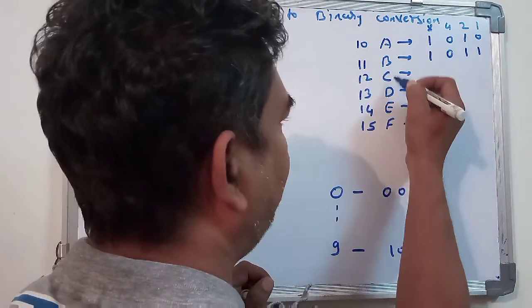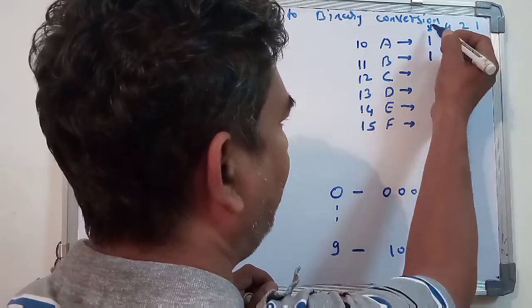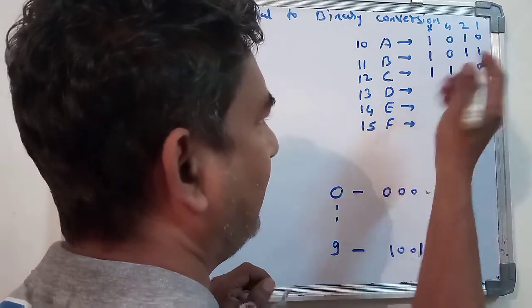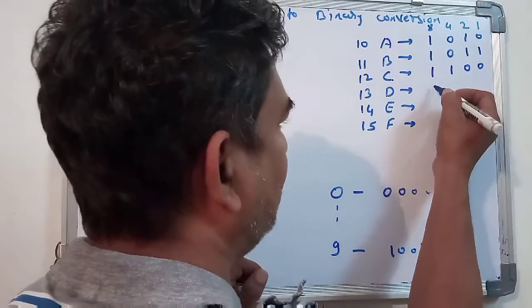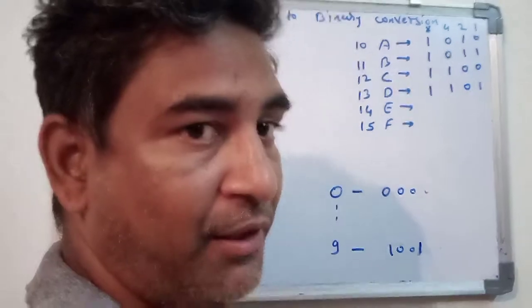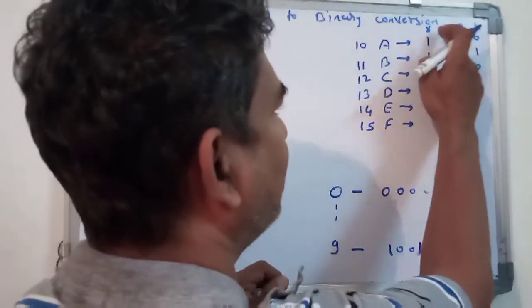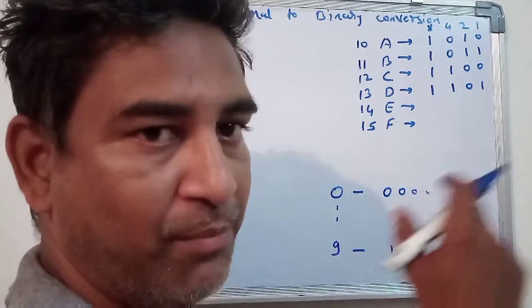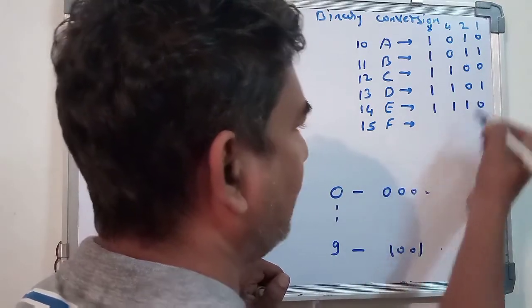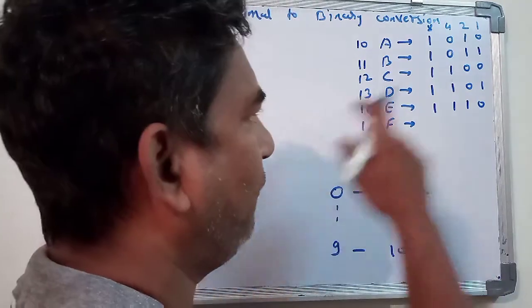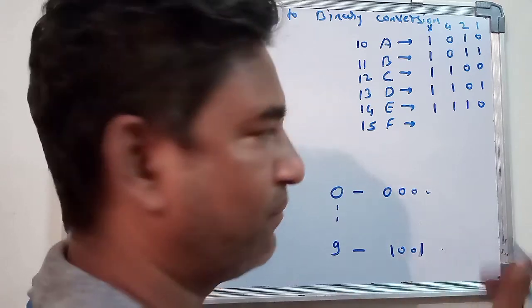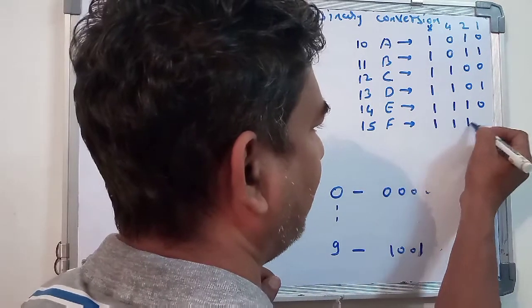Then 12 is C, 8 plus 4 is 12, so 1100. D is 13, so 1101. E is 14, 8 plus 4 plus 2, so 1110. And F, if you add all the numbers, is 1111.